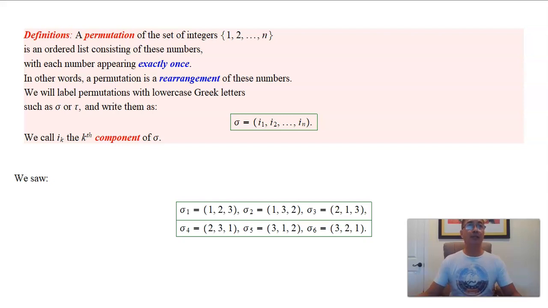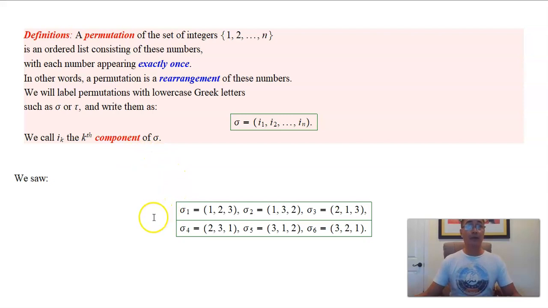So in other words, a permutation is a rearrangement of these numbers. We will label permutations with lowercase Greek letters such as sigma or tau, and we will write them as sigma equals i1, i2 through in. We will call i sub k the kth component of sigma.